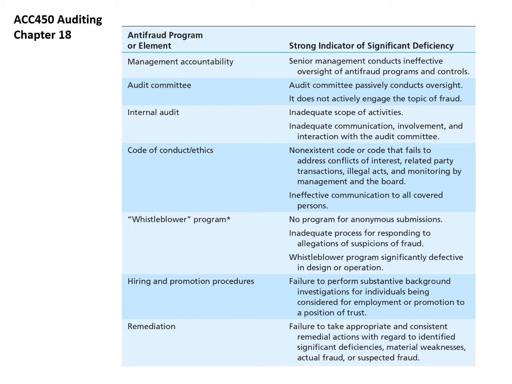Another would be an ineffective audit committee. Maybe they don't meet very frequently. Maybe they're not actively engaged with the accounting staff in matters that pertain to internal controls and anti-fraud measures. So that would be an example of a significant deficiency.